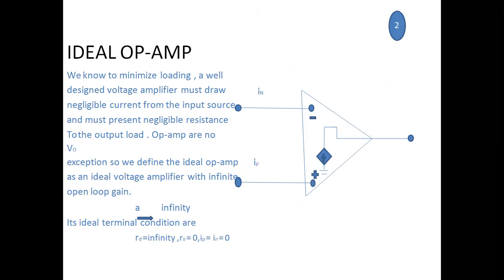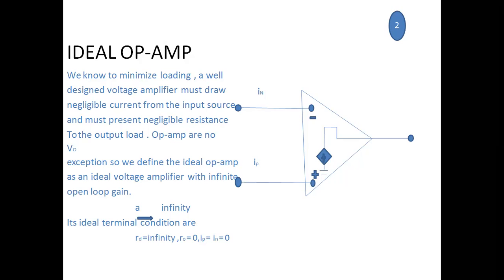So we can say op-amps have no output voltage exception. We define the ideal op-amp as an ideal voltage amplifier with infinite open loop gain.